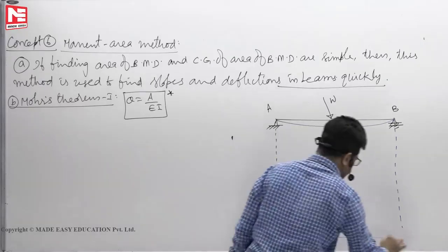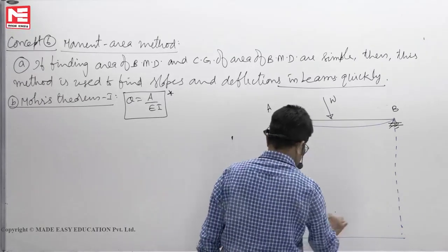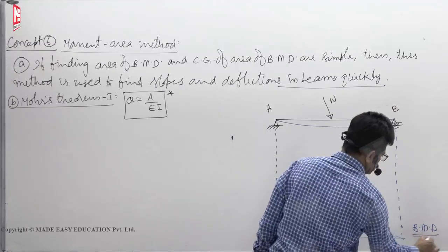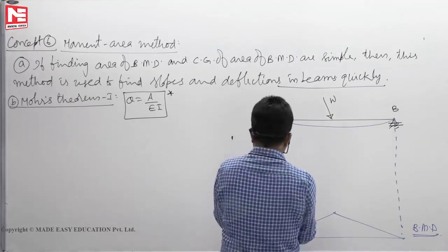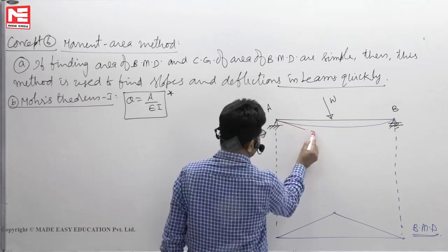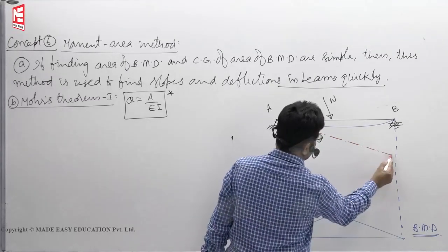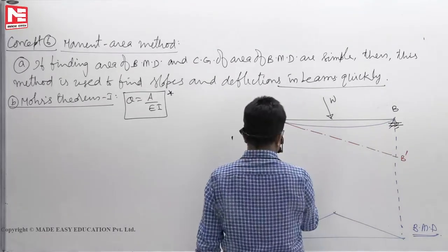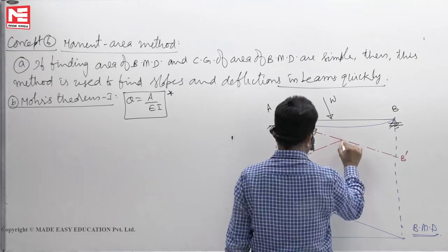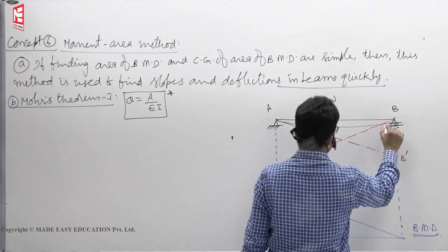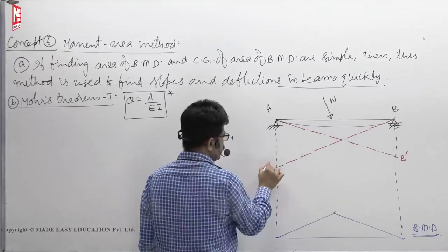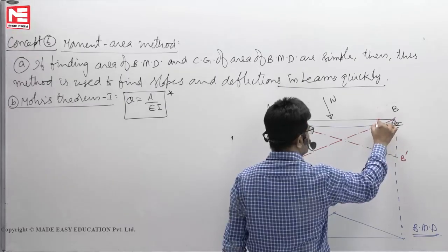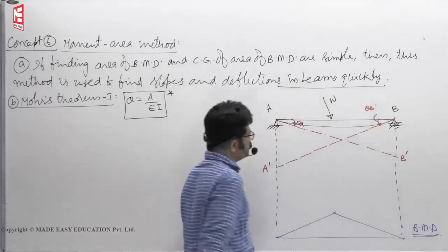And the bend moment diagram will go something like this. Now at A, if you drop a tangent on the deflection curve, it will cut the vertical line somewhere, B dash, let us say. At B also you draw one more tangent to the deflection curve. Assume that it goes like this. It will cut somewhere here. This slope, let us say theta A. This slope, let us say theta B.